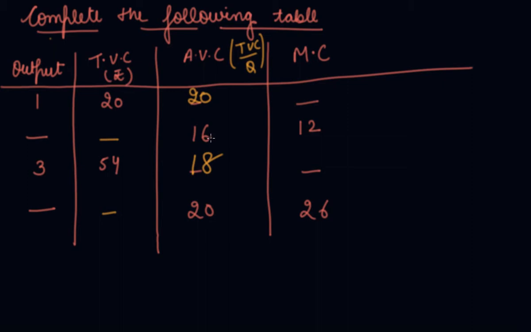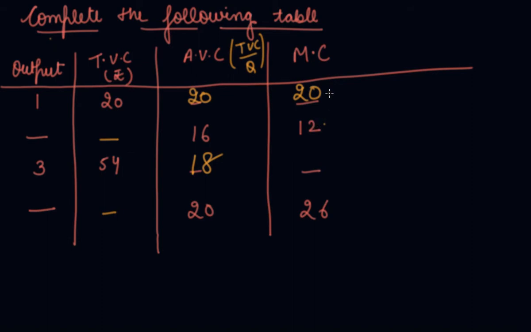Now you can find out your marginal cost. Here your marginal cost is 20 because nothing is above it. Now your marginal cost is the addition of total variable cost.